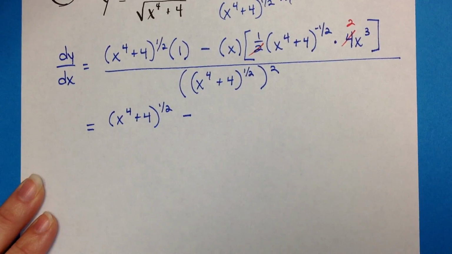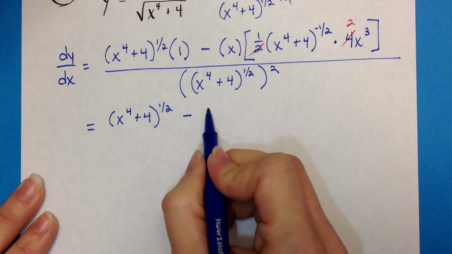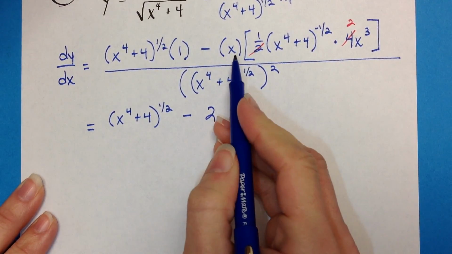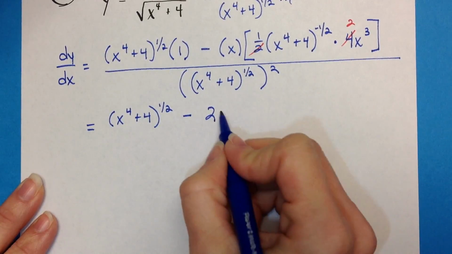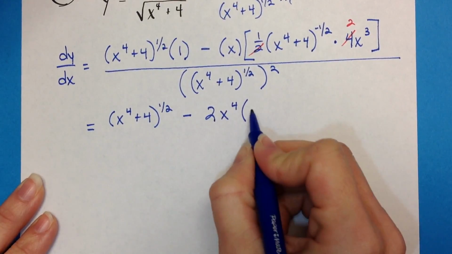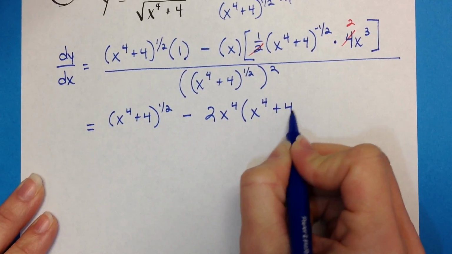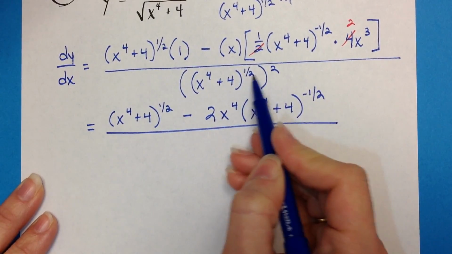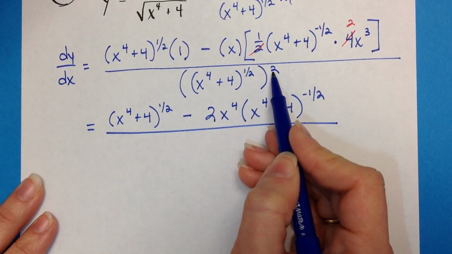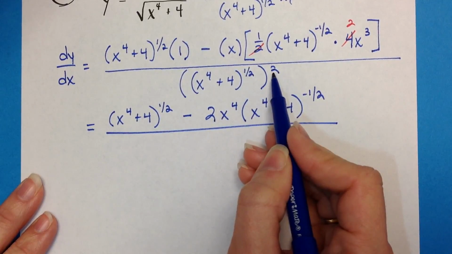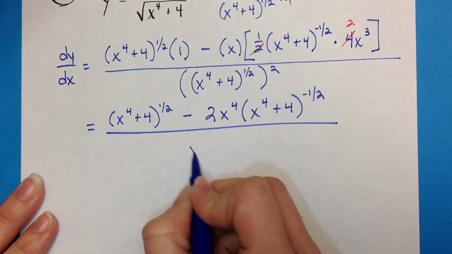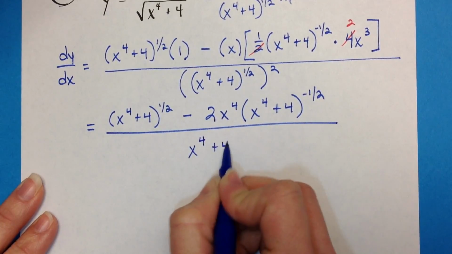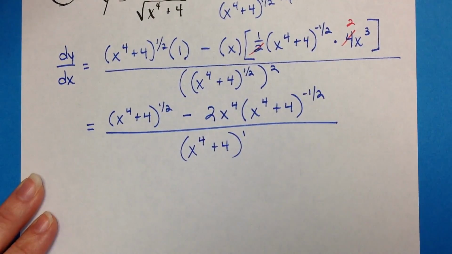So that would leave us with just a 2. And then you could do the x times the x cubed, get x to the 4th, times x to the 4th plus 4 to the negative 1/2. Now here you have a power to a power, so go ahead and multiply. So 1/2 times 2 is just 1. So that means you just have this to the first power now.